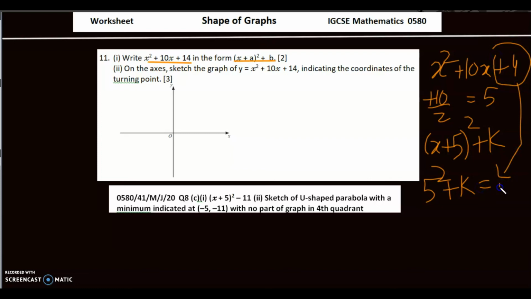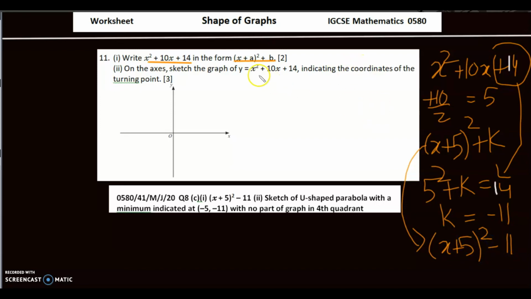So that's equals to 14. Sorry, that's 14 here, not 4. So k equals 14 minus 25, which gives us minus 11. So k is minus 11. So if I write this again, my completed square form is x plus 5 whole square minus 11. So I have this in completed square form.